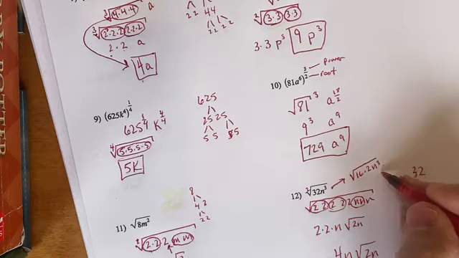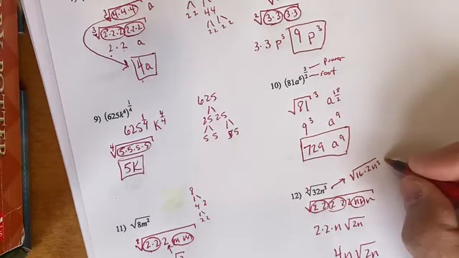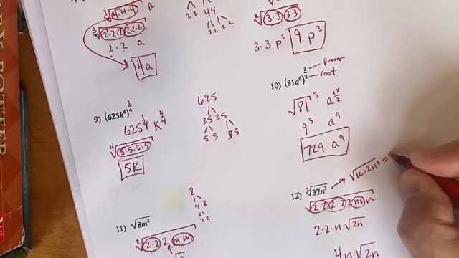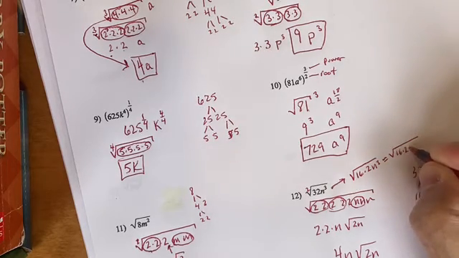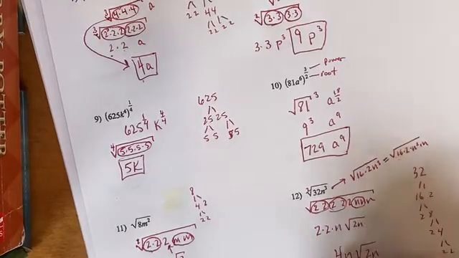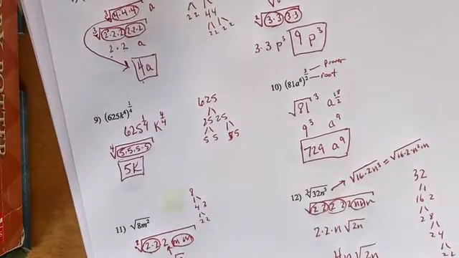The biggest even power of n to the third is n squared, right? And then there's 1 n left. So you could think of it like this: 16 times 2 times n squared times n. The square root of 16 is 4. The square root of n squared is n, with a 2n left over. Okay.